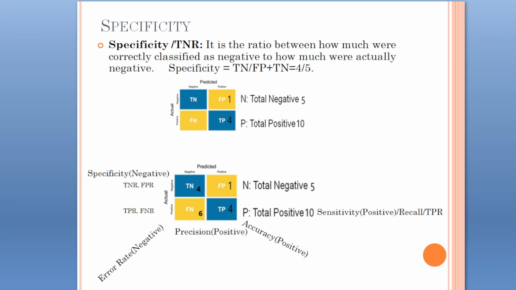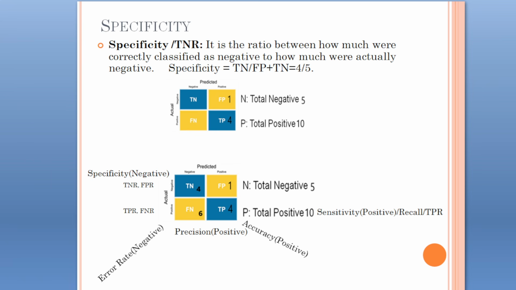The next is specificity. Specificity of a classifier is the ratio between how much was correctly classified as negative to how much was actually negative. It is used for high-stake applications such as medical diagnostics, fraud detection, and security systems where incorrect predictions can lead to costs, false alarms, and unnecessary interventions.